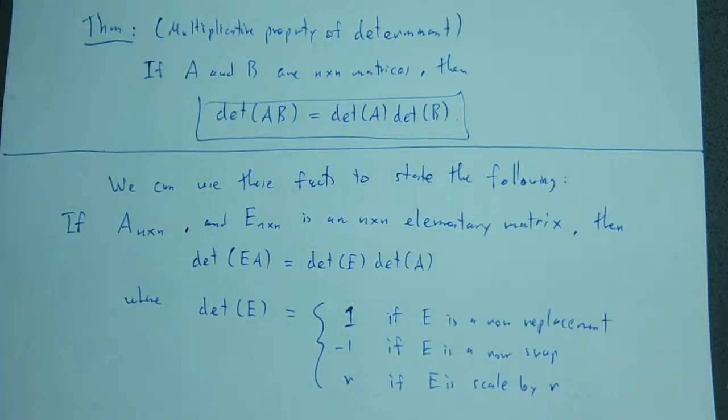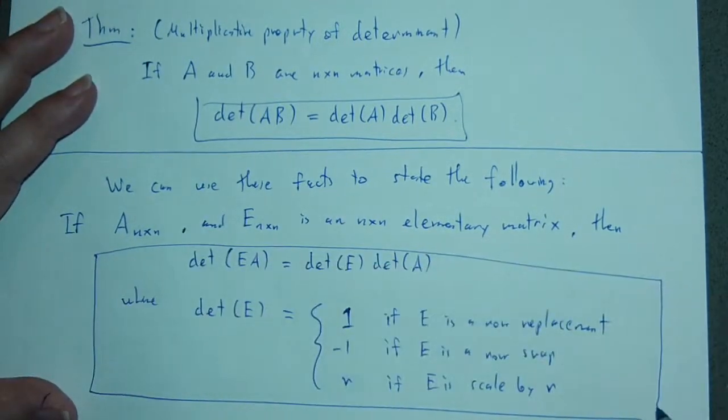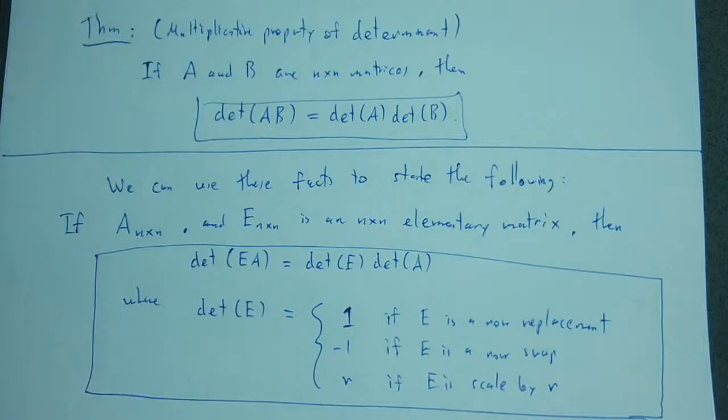Okay. So this is a nice way of keeping track of how the determinant is altered by a sequence of elementary row operations, right? This formula that I've written here can be shown to apply to a product of any length. You can, again, just use induction here.